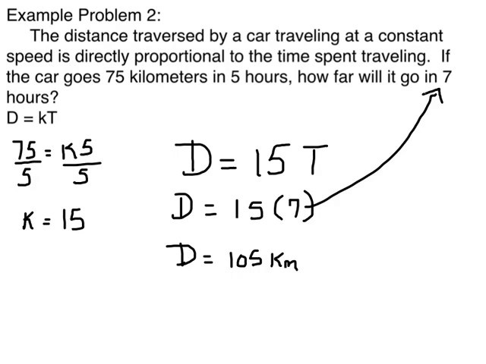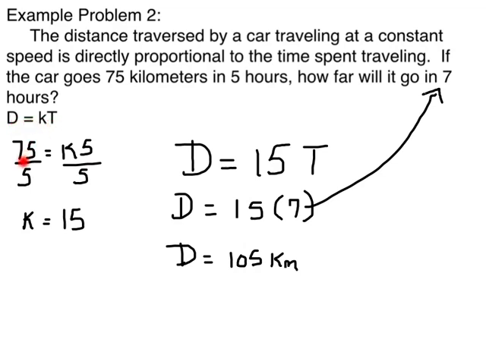In the next example, it says the distance traversed by a car traveling at a constant speed is directly proportional to the time spent traveling. If the car goes 75 kilometers in 5 hours, how far will it go in 7 hours? So again, we have to find out what that constant is. If it goes 75 kilometers in 5 hours, then we know that distance equals the constant times the time.